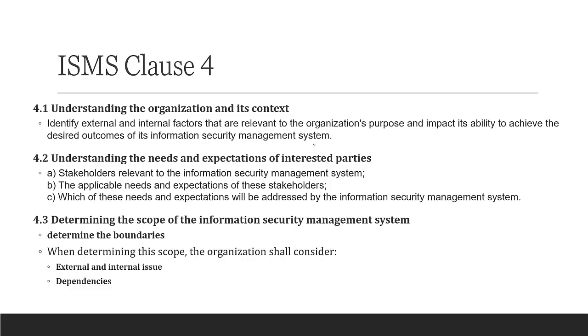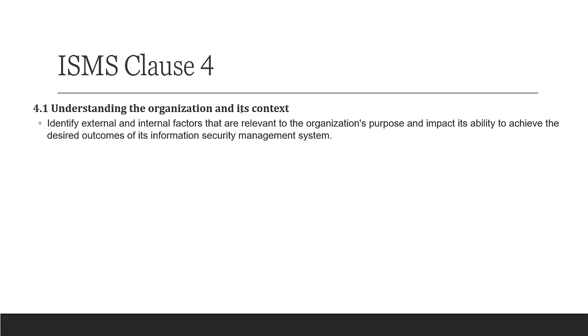If you take the context of ISMS clause 4.1, here we need to demonstrate that your ISMS is aligned with the mission, objectives and business strategy. You need to identify the organization's activities, functions, services, products and partnerships. Let's say, for example, my company for which I'm implementing ISMS is called InfoSec Train or Aspirants.